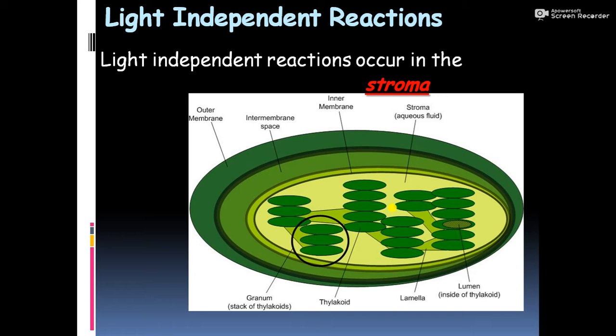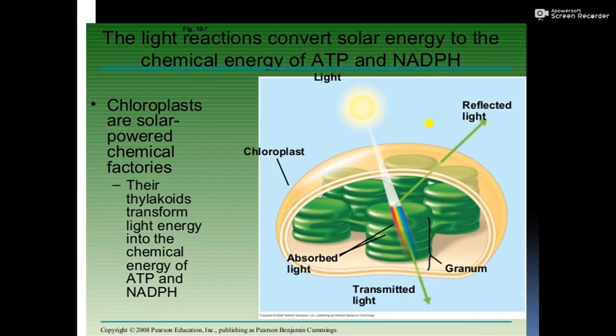So, now we start the details about the stages. Light independent reactions occur in the stroma and light dependent reactions occur in the grana. The light reaction converts solar energy to the chemical energy of ATP and NADPH. Chloroplasts are solar powered chemical factories.